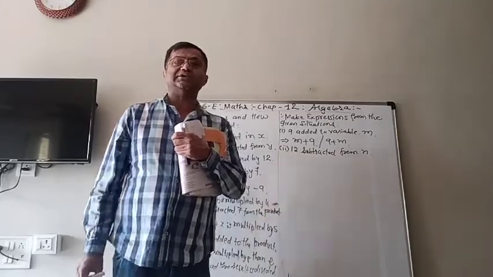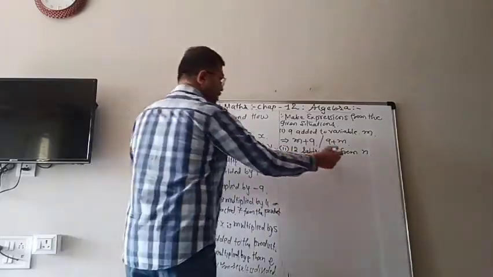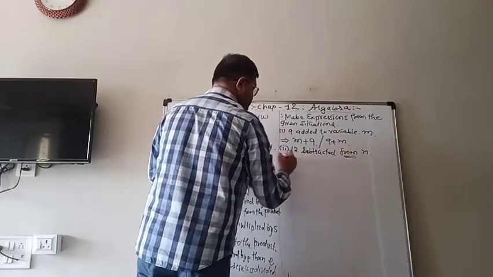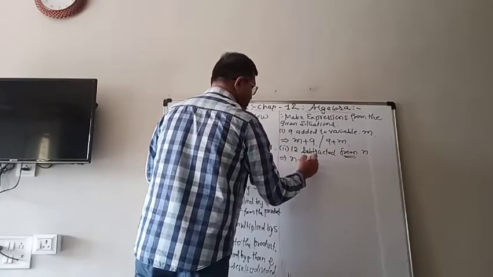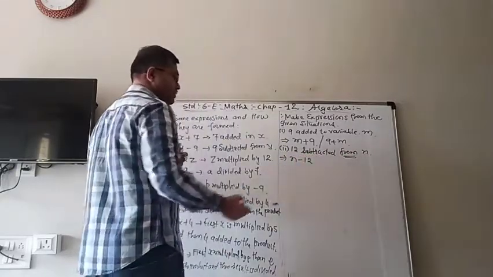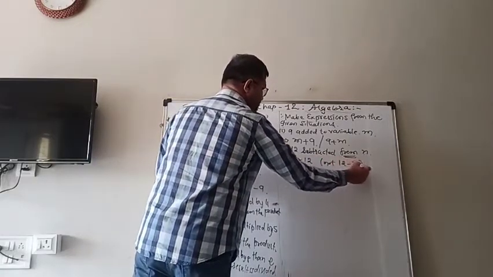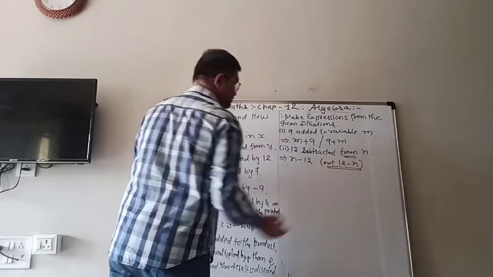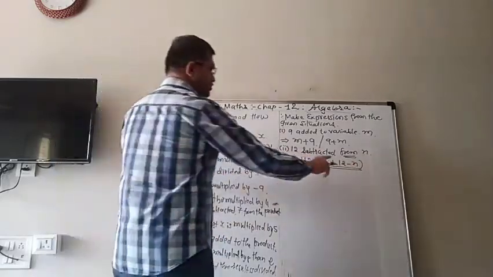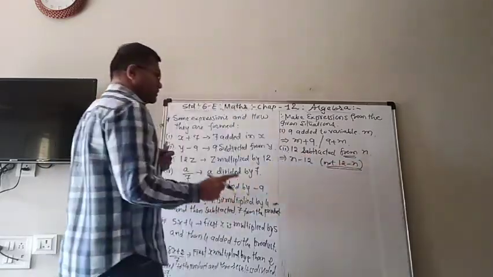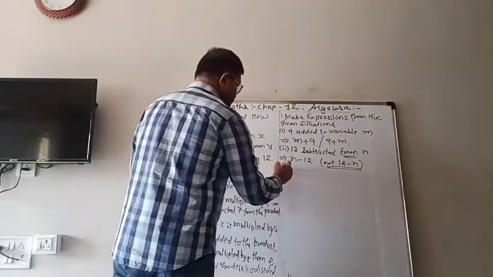Otherwise you won't get marks. From n means n minus 12, not 12 minus n. Remember, you cannot write 12 minus n. But see the third one.